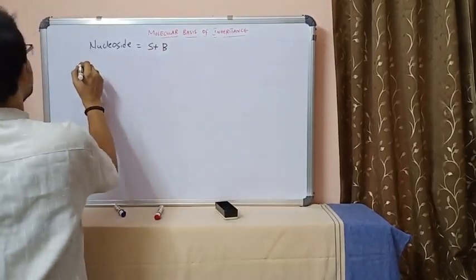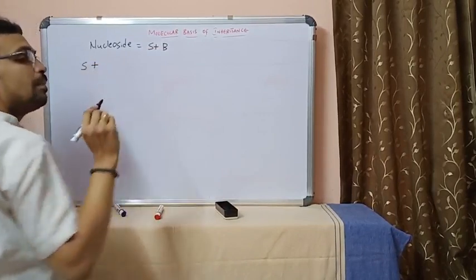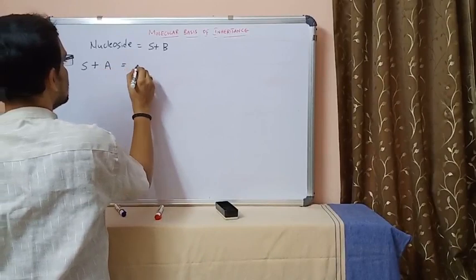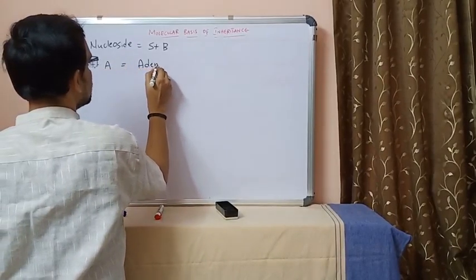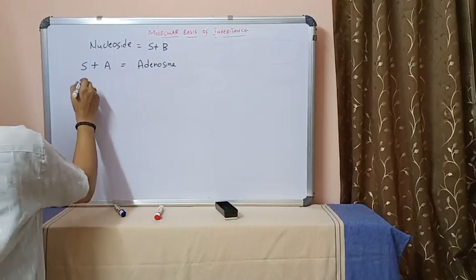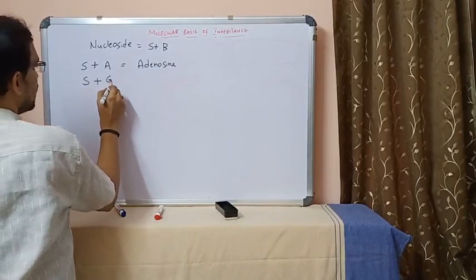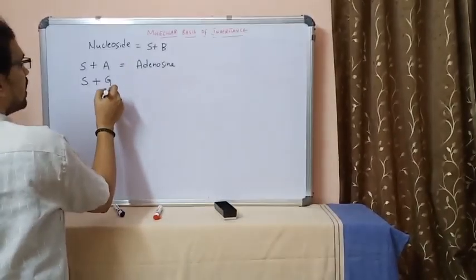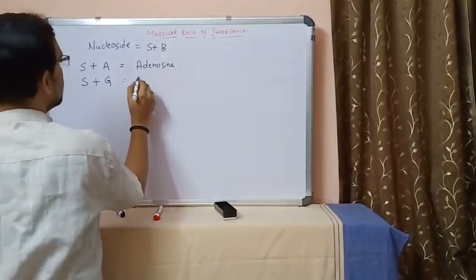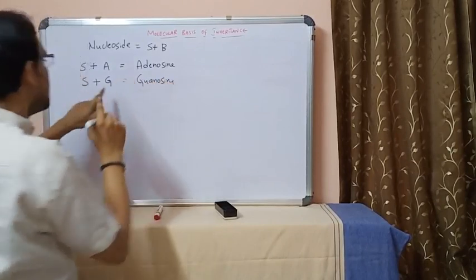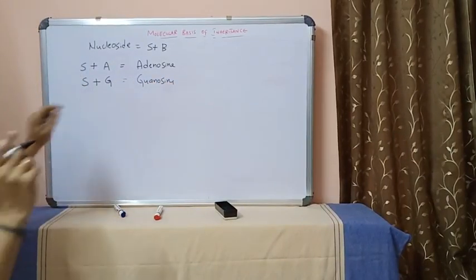So sugar plus, if the base is adenine, then it is called adenosine. Next, sugar plus guanine is nucleoside. If guanine is the base attached to the sugar, it is called guanosine.